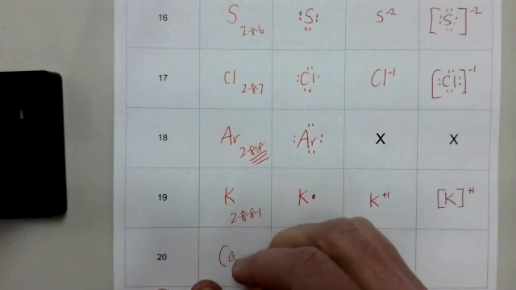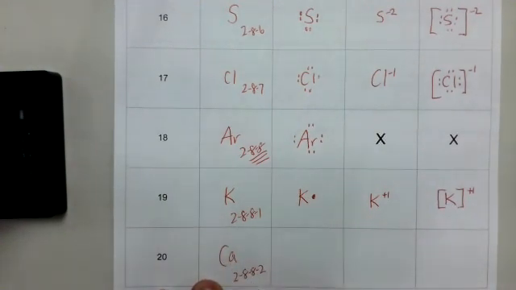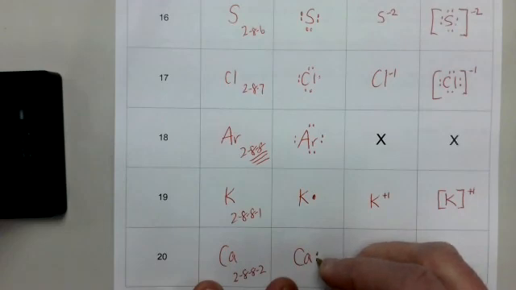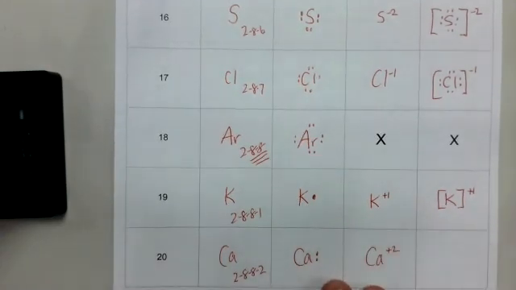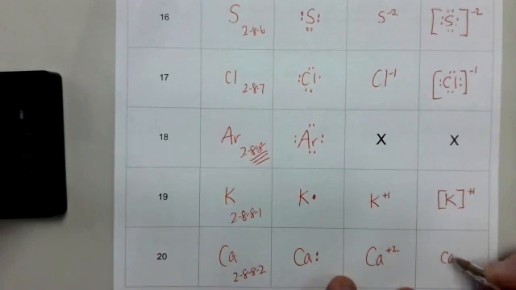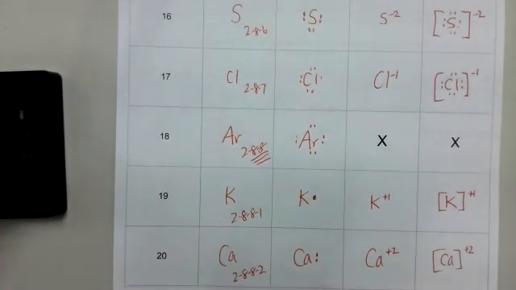Then we have the last one, calcium, 2,8,8,2. Calcium has 2 dots. It's going to lose 2 electrons to become a positive 2 ion. And then we would show that with a 2,8,8,0 empty outer orbital. There we go.